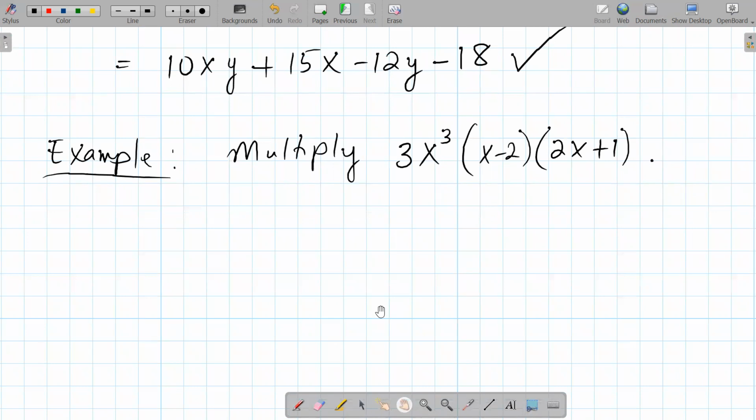Here we have 3 items multiplying. The one outside is a monomial. Anytime it's a monomial, we don't put any parenthesis anywhere. But when you look at these two here, these are binomials. So there's a need for you to put a fence around anything that is bi or tri. Better to put them in a parenthesis.